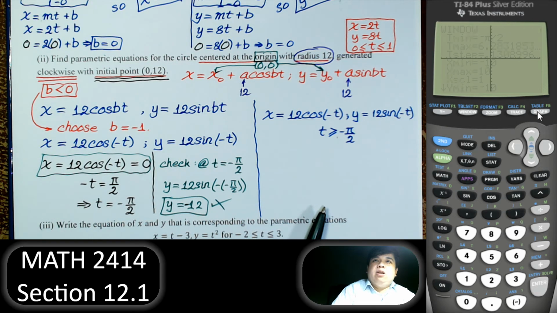That's 2 pi, so it's fine. Let's graph very slowly. So it starts from that point, and it goes here.